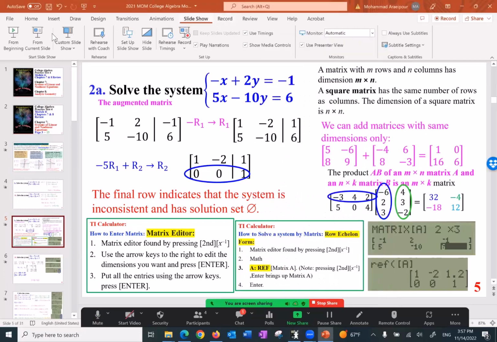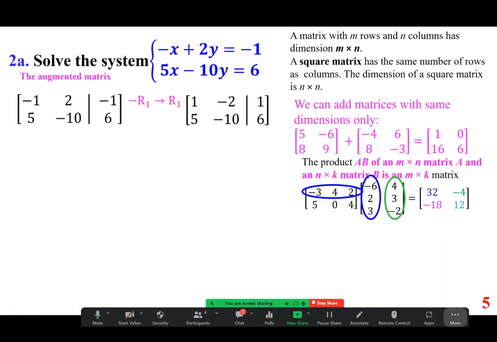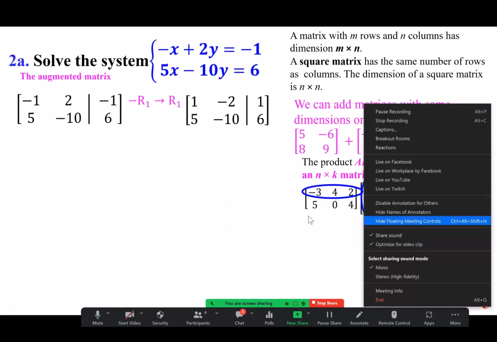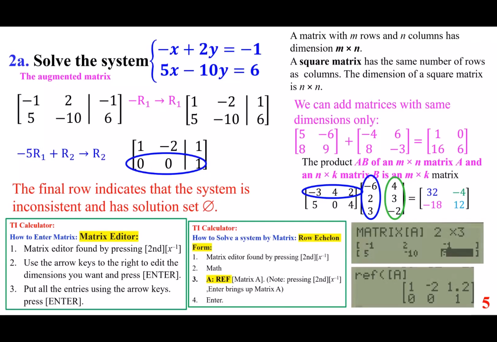Again, I was showing you how to input the information into a calculator, and it gives you what you see here. Again, just playing with the technology.